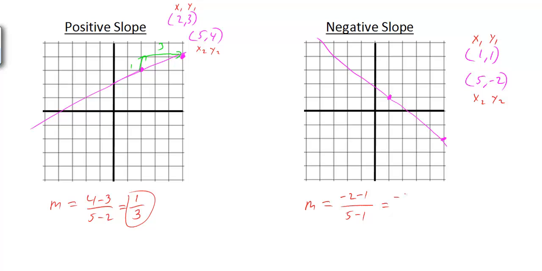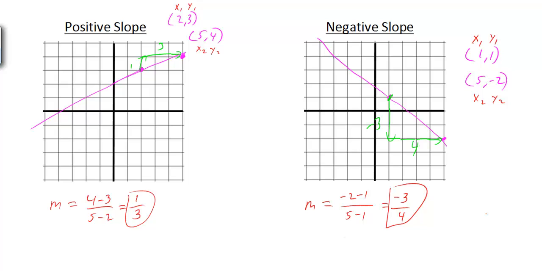So negative 2 minus 1 is negative 3, and then 5 minus 1 is 4, and we have a slope of a negative 3/4. So that means if I was to start at a point on the line, let's say here, and I could count down 3 because it's negative, so that's 1, 2, 3, so that's negative 3, and then to the right 1, 2, 3, 4, so we have our slope of negative 3/4.